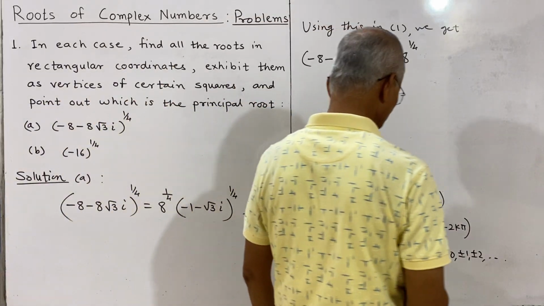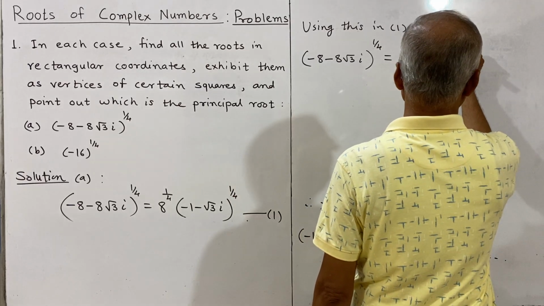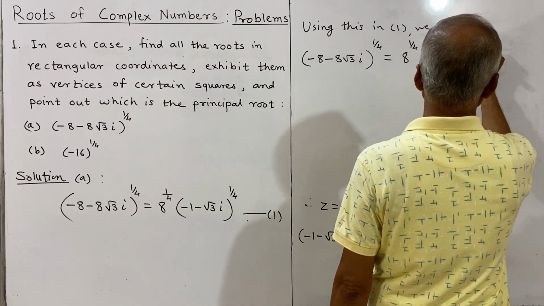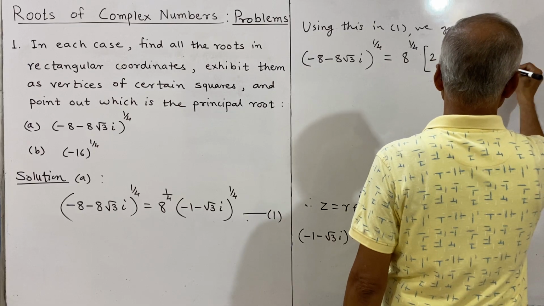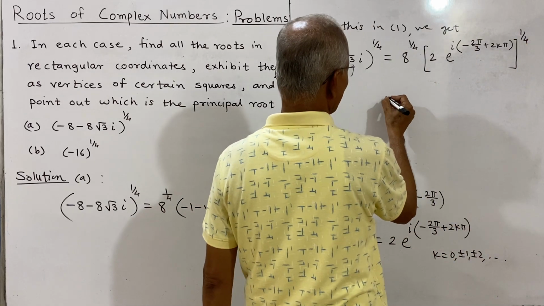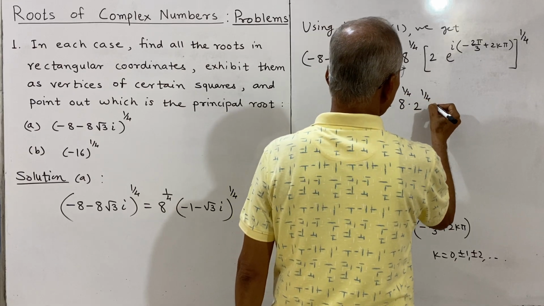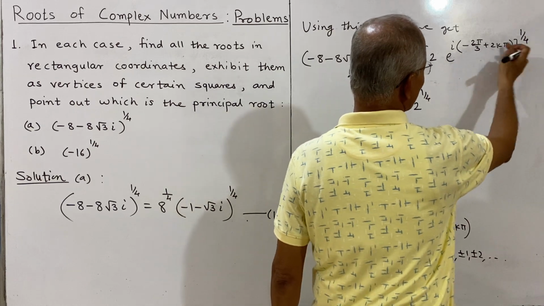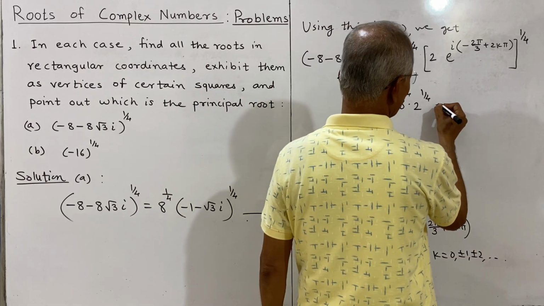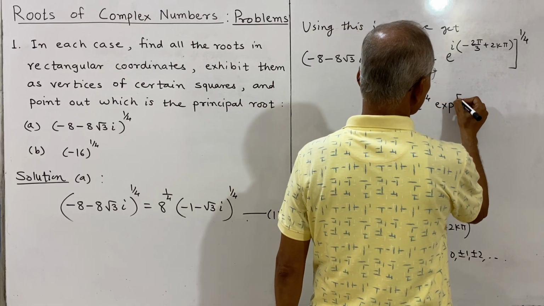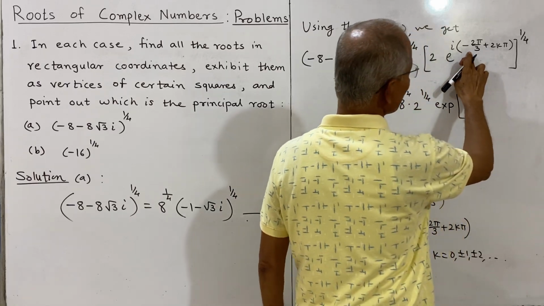and that will be, I shall write in bracket, 2 e power i into bracket minus 2 pi by 3 plus 2k pi, raised to 1 by 4, or that is 8 power 1 by 4 into 2 power 1 by 4. The exponent is to be divided by 4, so I shall write the exponential with the bracket as it is, and into bracket this divided by 4.